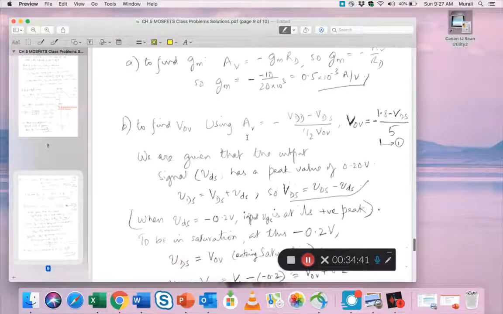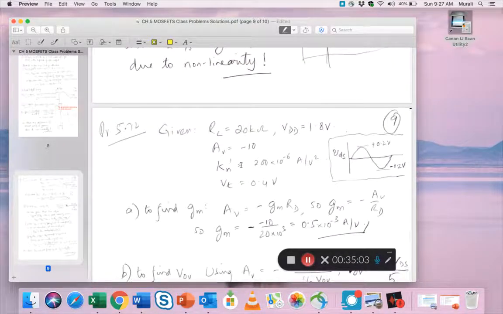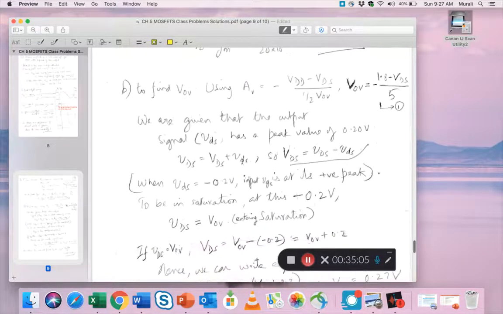So to find the overdrive voltage is a little tricky, because we can't use any of the formulas directly, right? So VOV appears in this formula, for example, but we don't know VDS. We don't know ID. So many things are unknown. So you have to look at the available data, and you probably need to set up at least two equations in two unknowns and then solve, right?